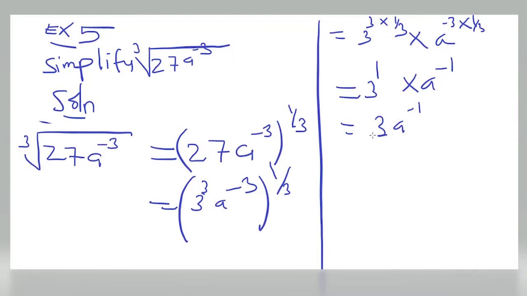We can also go further by simplifying the expression and writing 3 over a power 1, because it's a negative exponent, so we can just convert it to a positive exponent, because any number power negative 1 is equal to 1 over that number. Now any number power 1 is that number. So finally I can conclude that the cube root of 27 a power negative 3 is equal to 3 over a.